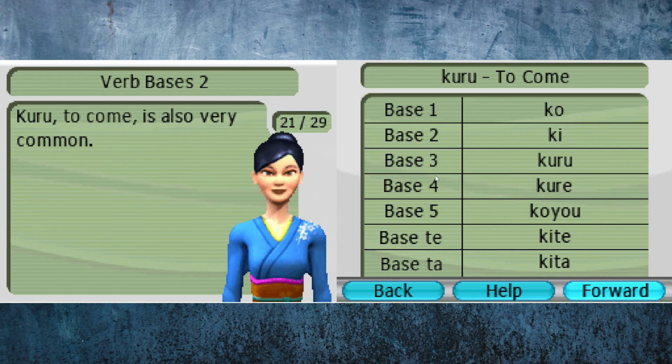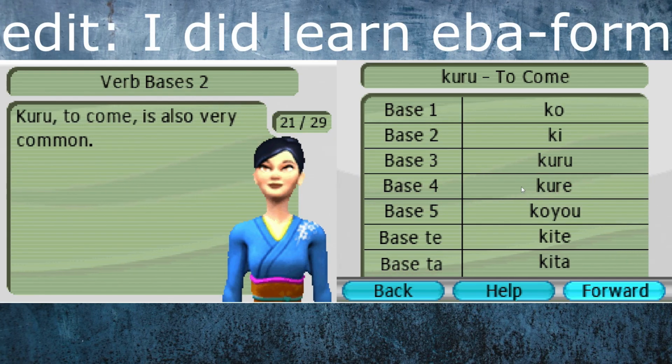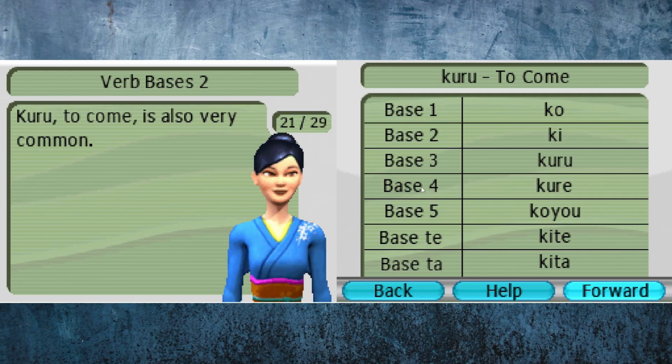Base 3, kuru. Base 4, kure. And if this is potential form, then maybe it's kureru. I gotta double check real quick. Oh, no, I checked with the dictionary. Okay, kure is eba form. I don't think I learned eba form yet, so we'll skip base 4, but it's eba form.